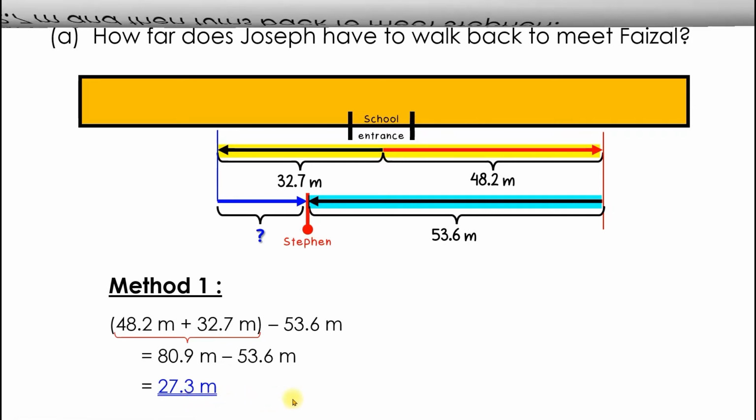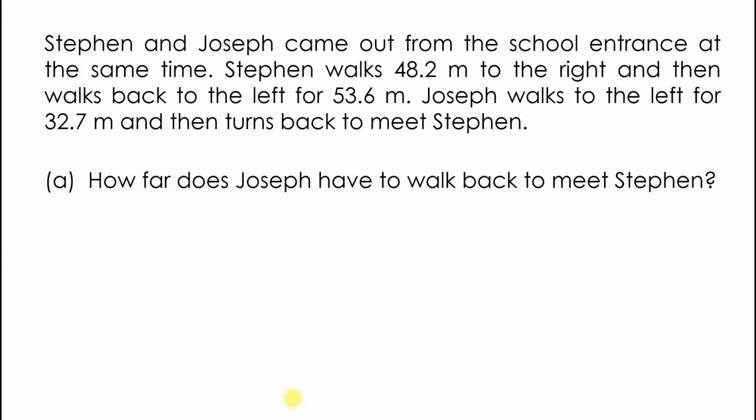Now the same question, I'm going to show you how to do it in terms of positive and negative values, which is also quite easy because the first thing we want to think about is direction. Every time we are moving a certain distance in a certain direction, if you see the word right, that would represent positive.